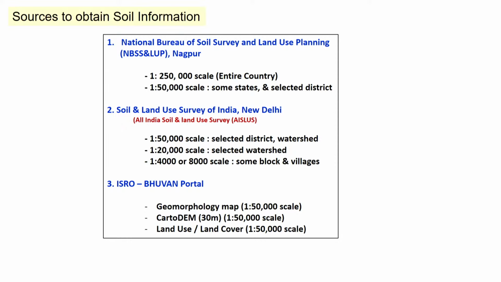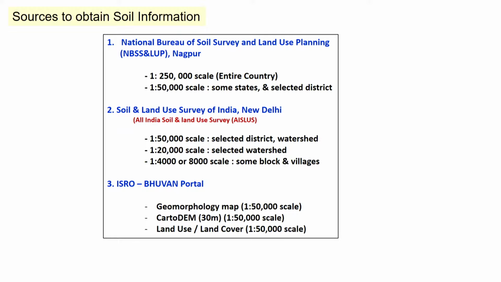For some of the states it has been completed, and some of the states are remaining and in process. Another department of soil mapping is Soil and Land Use Survey of India, New Delhi. Earlier we used to call it All India Soil and Land Use Survey.